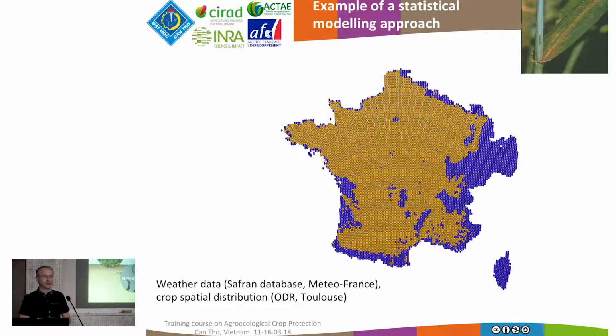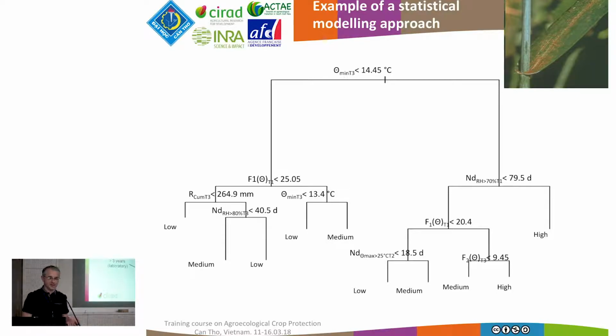Okay, let's go back to the case of banana. As I said yesterday, there is a set of pests and diseases, and today I will just address the question of the control of the banana weevil. It's an insect that has a relatively long life cycle.